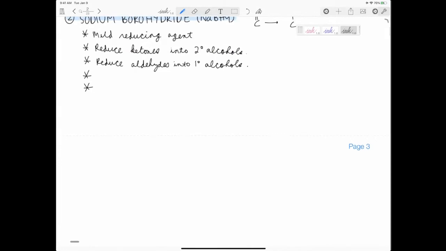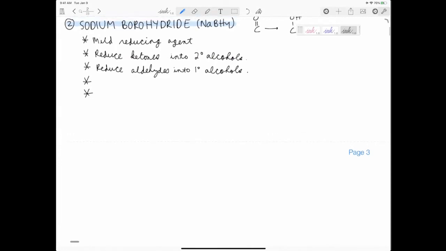Please take note that it's not strong enough to reduce esters and carboxylic acids. I'm going to shorten this to CA for future points. And then, reactions are carried out in the presence of an alcohol, methanol usually.